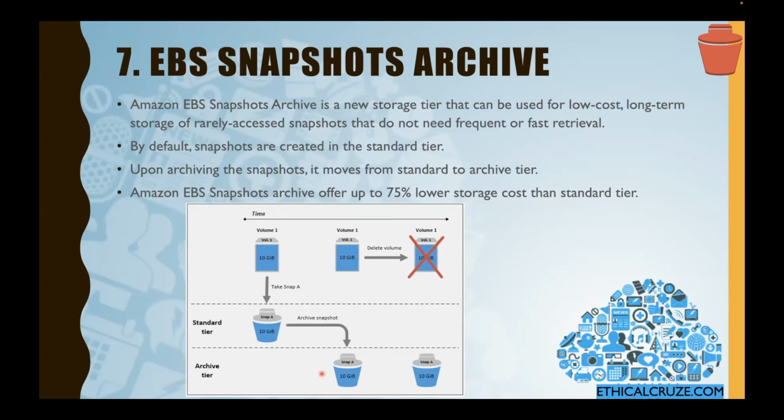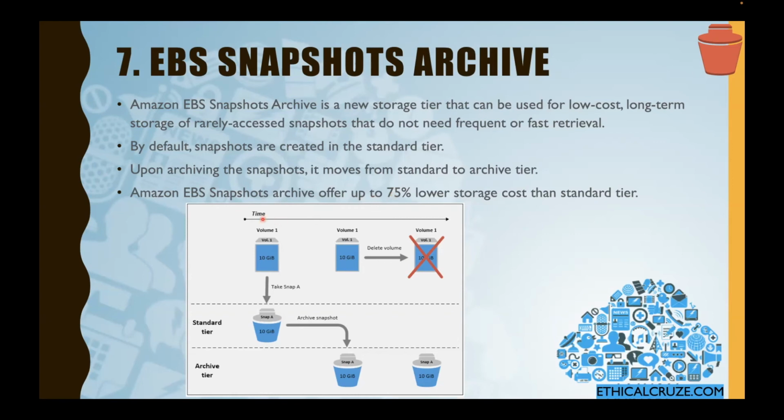The archive tier is a storage tier that can be used for low-cost, long-term storage of rarely accessed snapshots. By default, whatever snapshot we create in any availability zone is created in the standard tier, but when we archive it, it moves from standard to archive tier. Amazon EBS snapshot archive offers up to 75% lower storage cost than the standard tier.